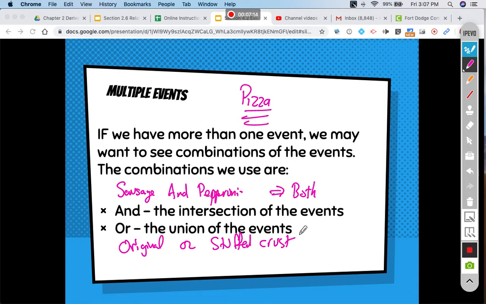I don't want super thick. I don't want any of the other weird things. So if it's original, I'm good. It doesn't have to be stuffed, but if it's stuffed, I'm good. It doesn't have to be original. Either or. So when you're thinking about and or, think about how you would order a pizza. What are your preferences? That kind of helps me keep straight which is which.